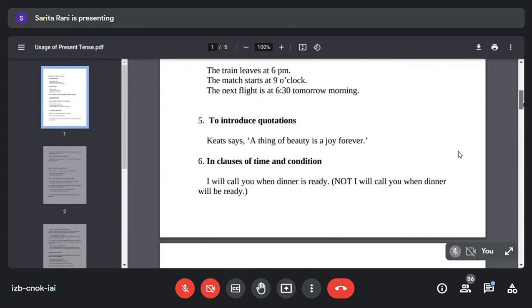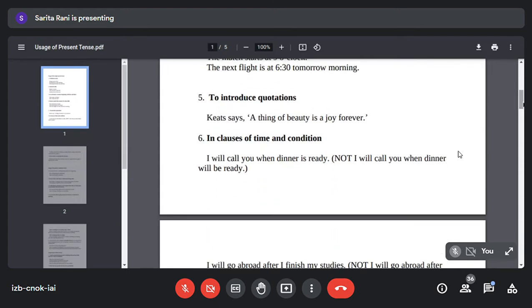Next, for introducing a quotation, here we have to use simple present. And next, in clauses of time and condition. A clause is nothing but a sentence having a subject of its own and a predicate part of its own, clear, which forms a part of the main sentence.